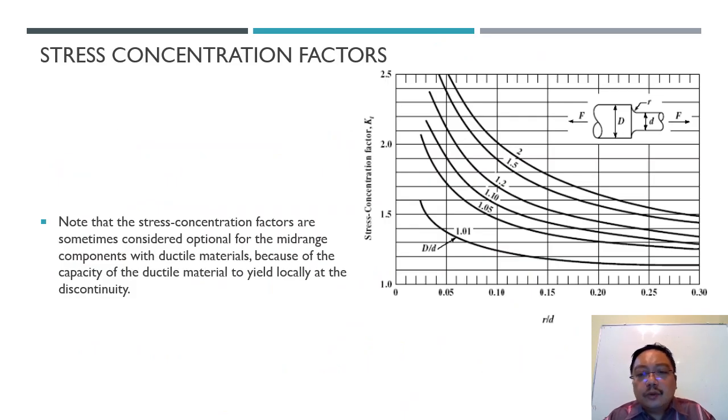Now we are talking about stress concentration factors, the K that you see in the previous equation. Stress concentration factor is sometimes considered optional for mid-range components with ductile materials because of the capacity of ductile material to yield locally at a discontinuity.